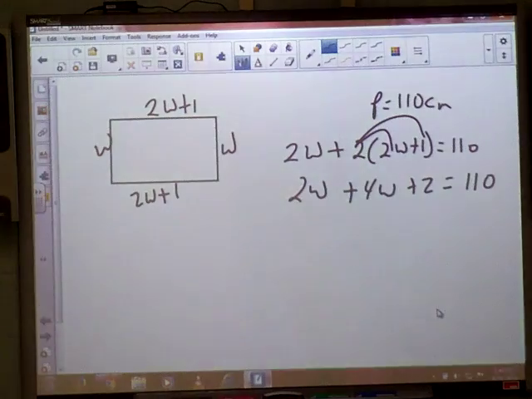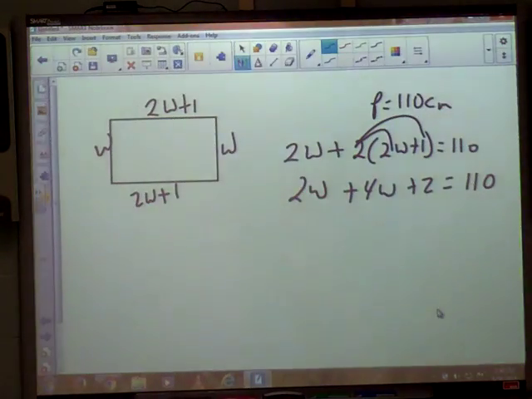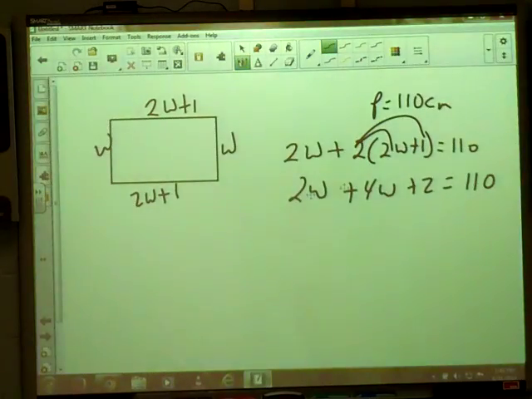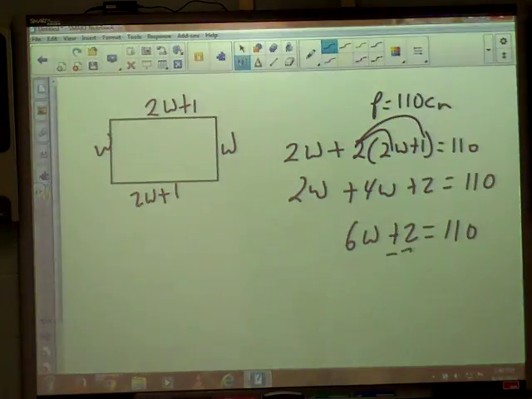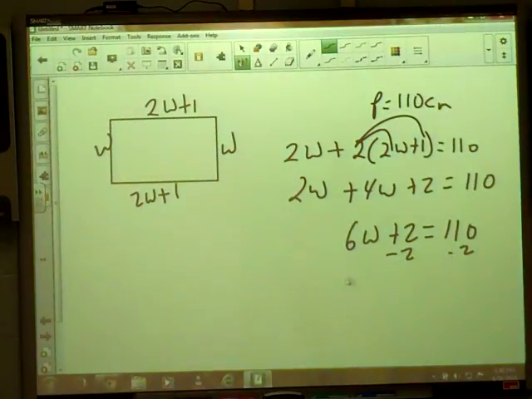What do I want to do before I subtract the 2? Good. Combine those W's, what Joe and Chris are telling me. So that gets me 6W plus 2 is 110. Now I'm going to go ahead and subtract the 2 that they were talking about up front. Gets me 6W is 108.